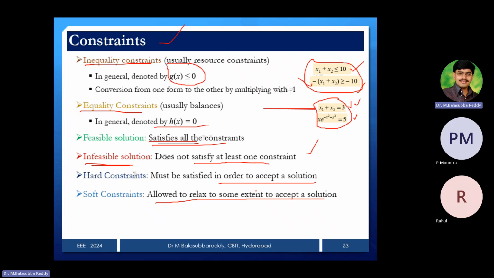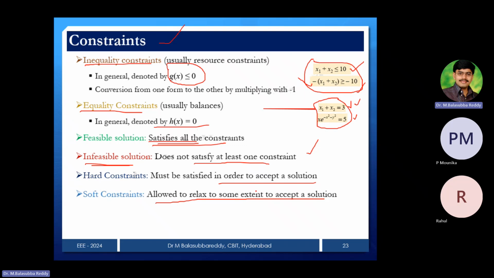Let's take one example: generation must be equal to demand. Let us neglect losses. In an Indian power plant, generation is equal to demand, but in general exactly that point may not be reached.